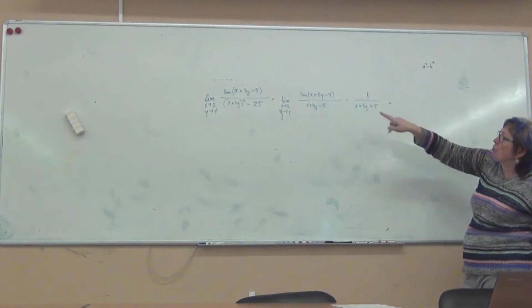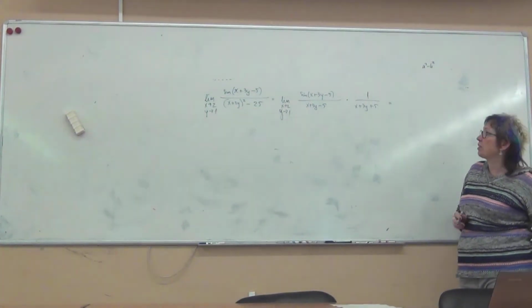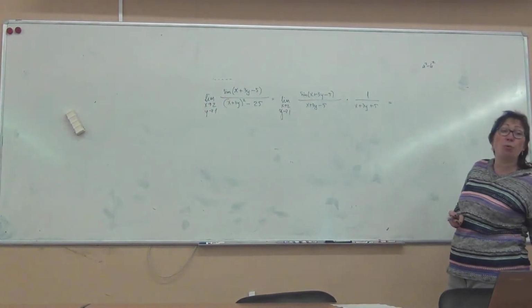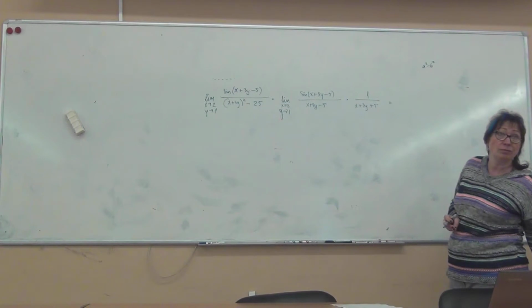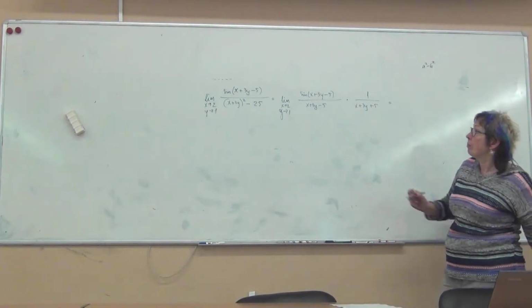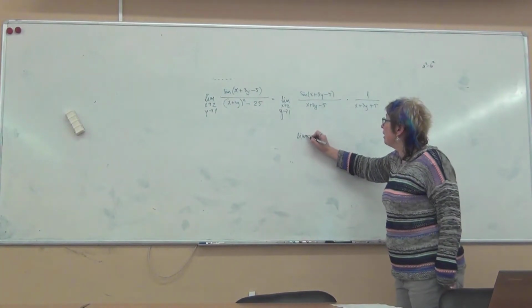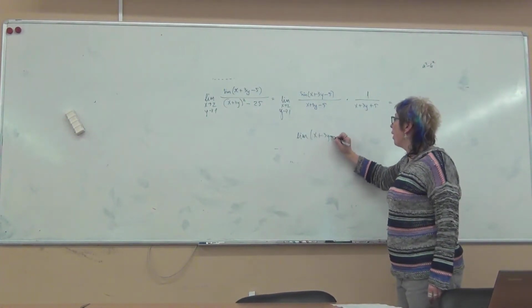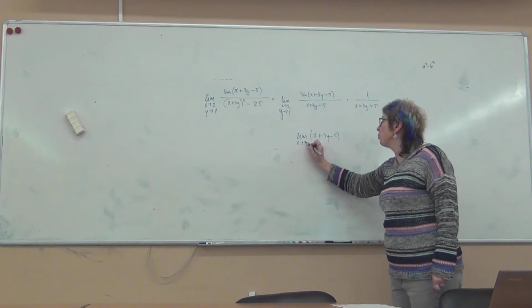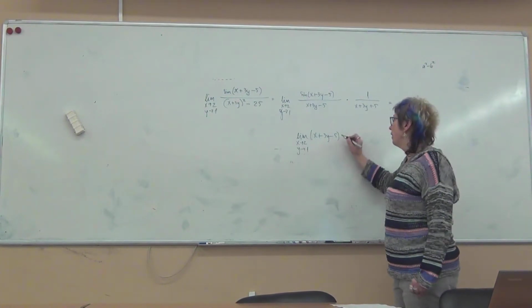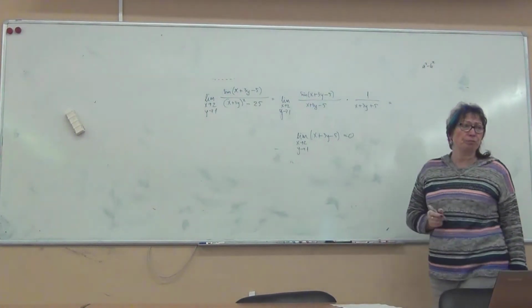Now what happens to that part when x tends to 2 and y tends to 1? This one will be 1. Because in this case, the limit of x plus 3y minus 5, if x tends to 2, y tends to 1, is actually 0.